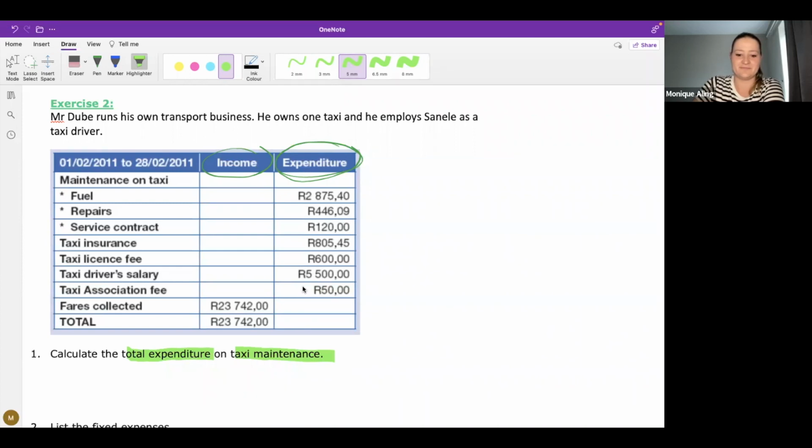Oh, where's everyone else? Hopefully still calculating.